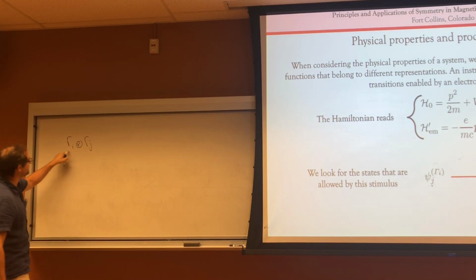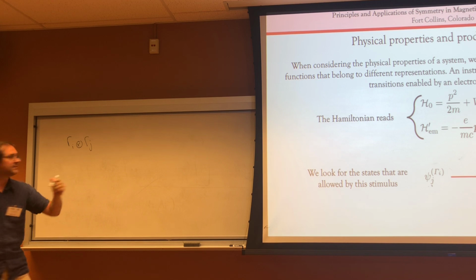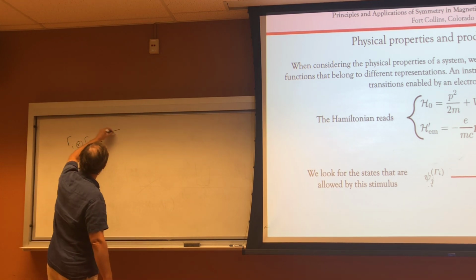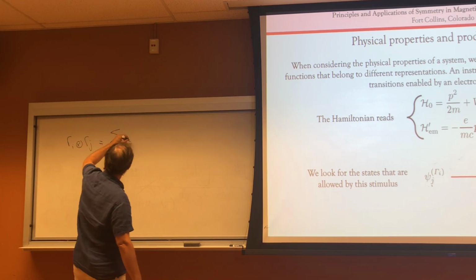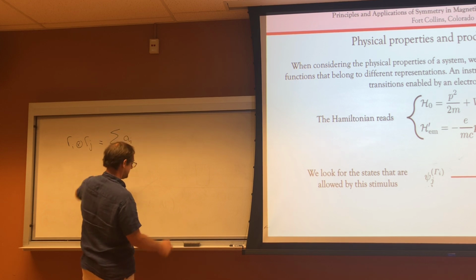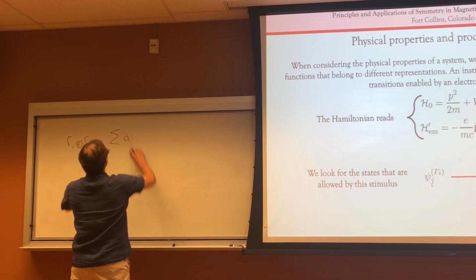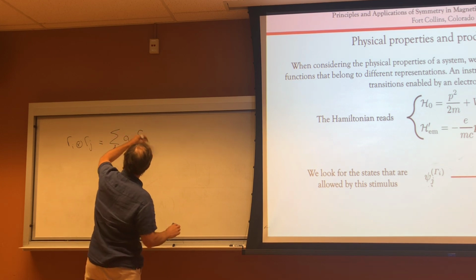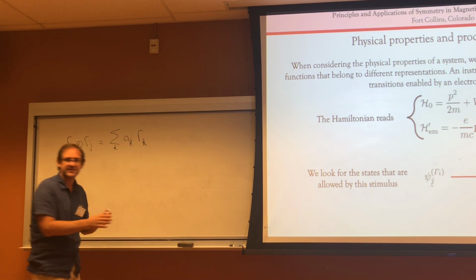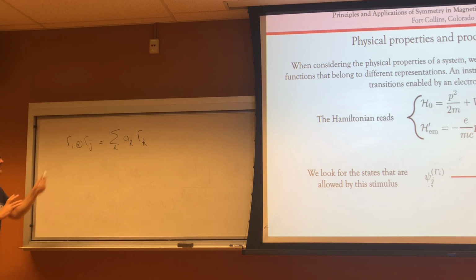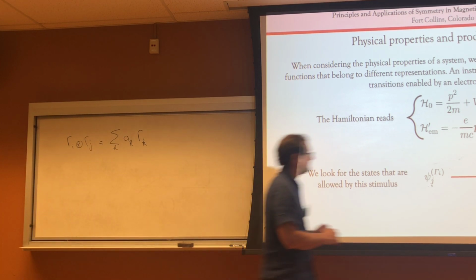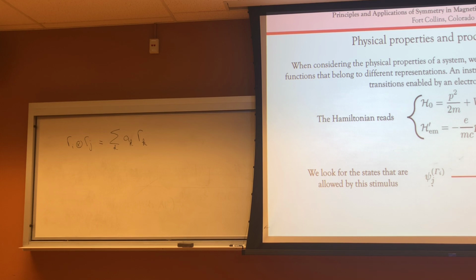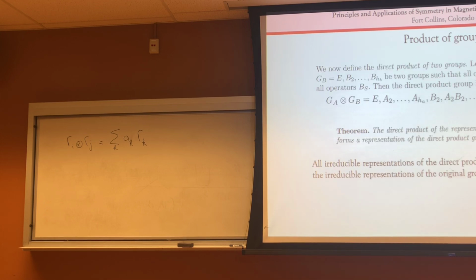These are all irreducible representations of my crystal, and I will need to write them as a sum of the other irreducible representations of my system. So this is the first step. We'll see what it means physically. Of course, there's a profound physical meaning.